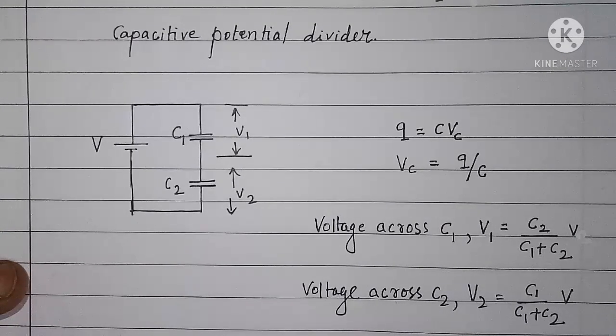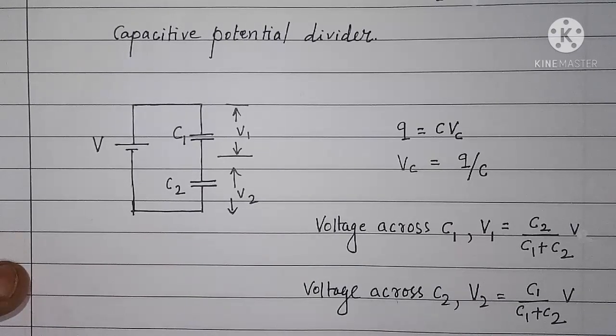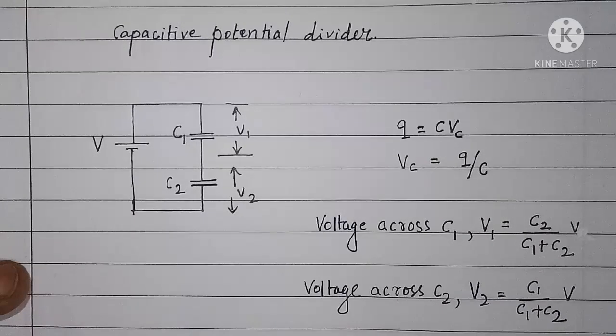There are some precautions to be taken and some additional elements are to be connected to avoid the problems. So we'll see how these circuits may be used in measurement of high voltages. First we will take up resistance potential dividers.